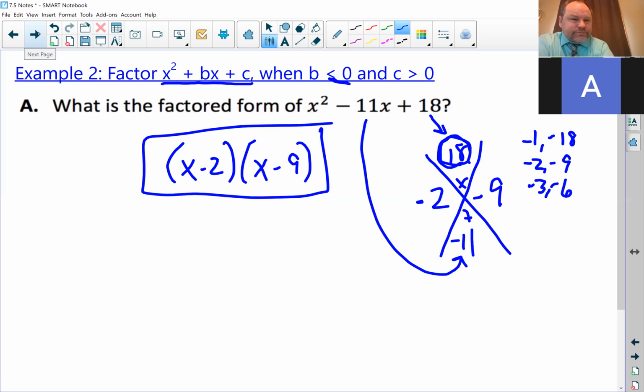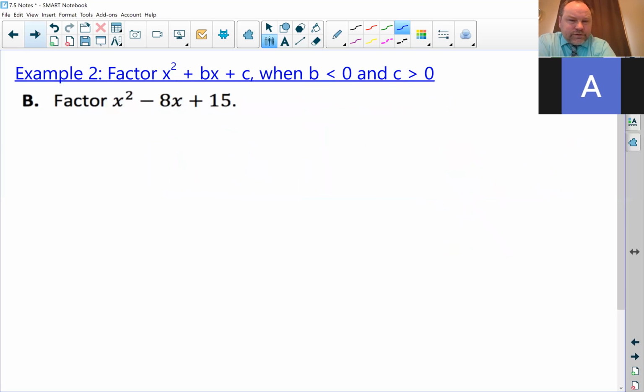All right. Another one here where b is negative, our middle number is negative. We're finding two numbers that multiply to positive 15 and add to negative 8.